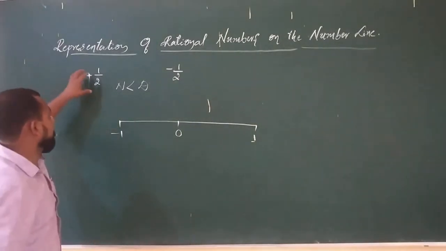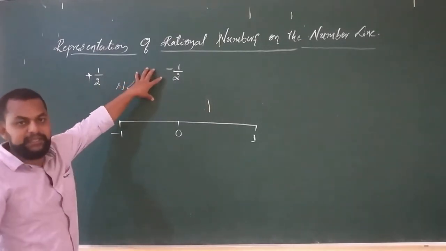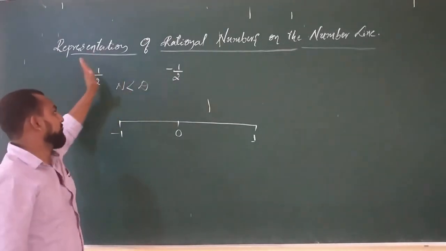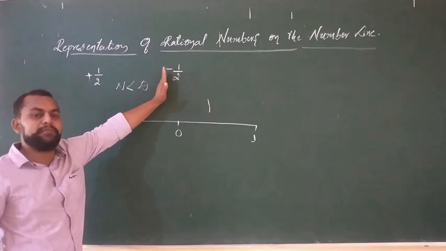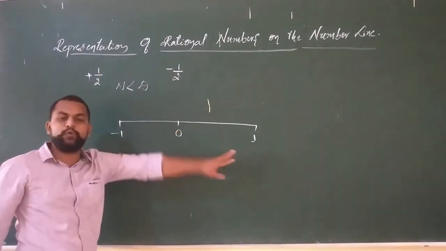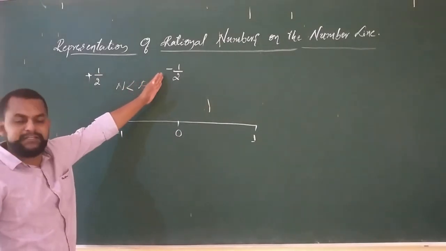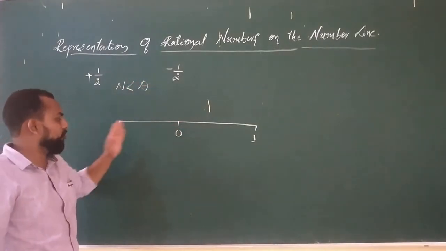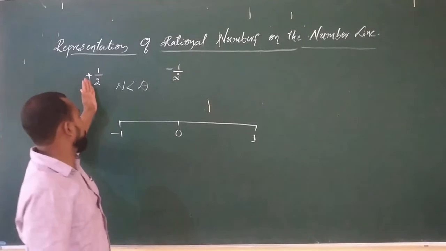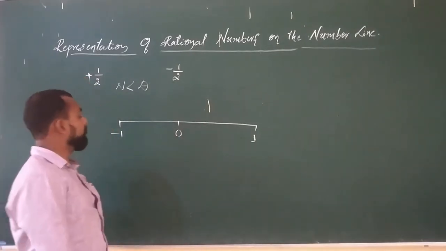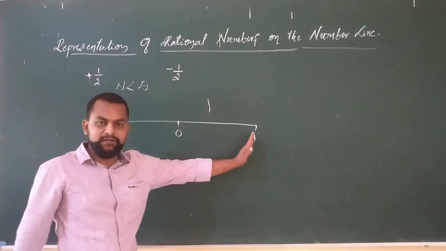Since the numerator is lesser than the denominator, these two rational numbers lie between 0 and 1, and 0 and -1. The negative -1 by 2 lies between 0 and -1, and positive 1 by 2 lies between 0 and 1.